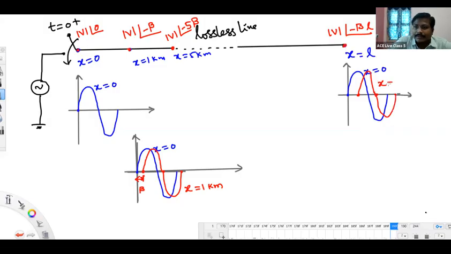So this is the x equals L wave, and this angle we are going to call beta L.